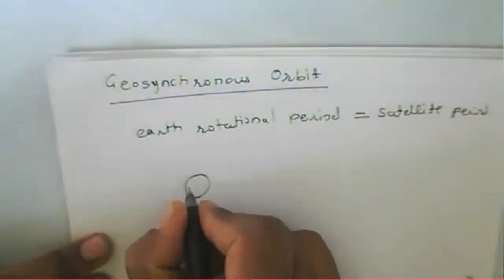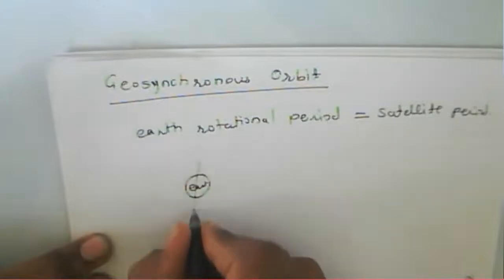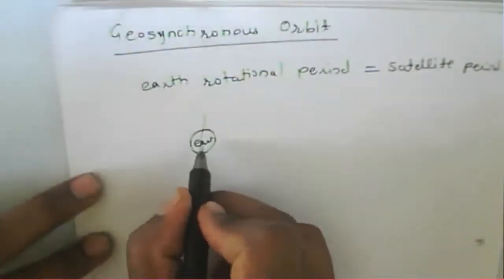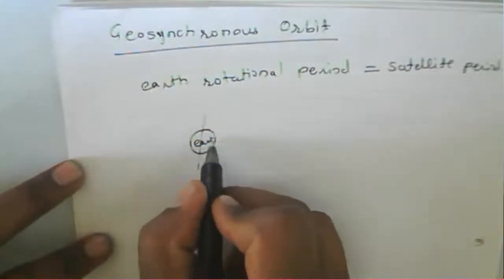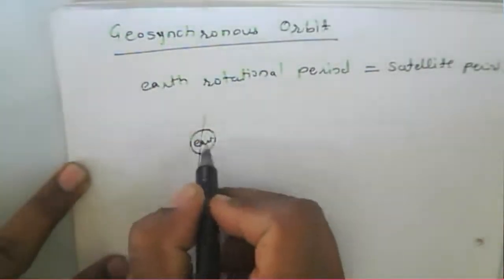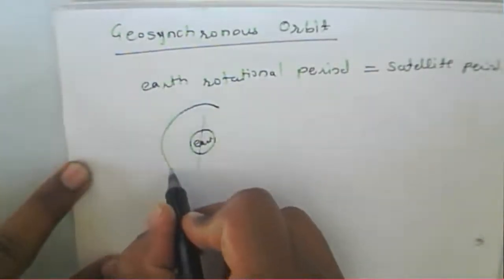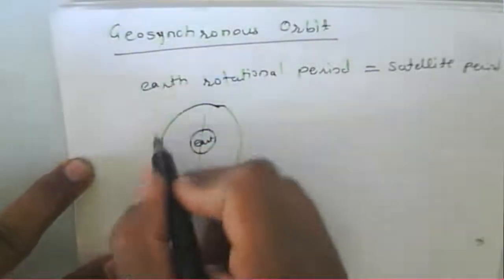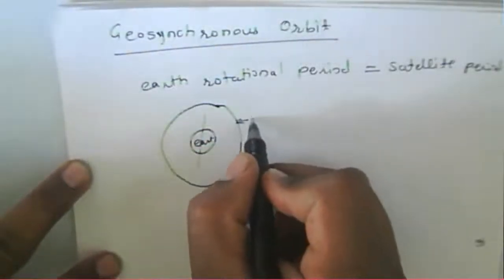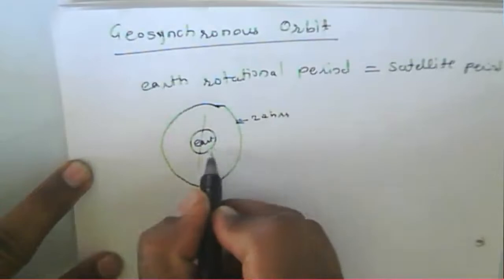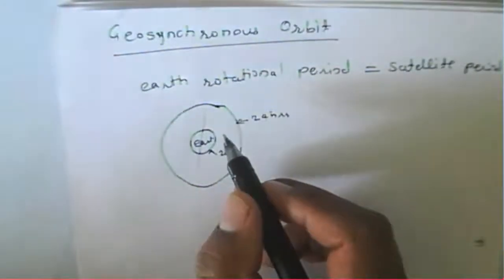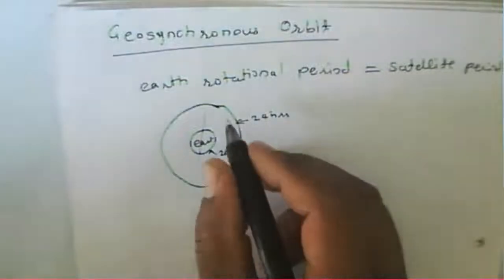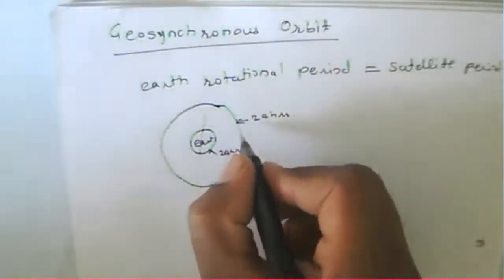Earth is rotating around its particular axis, and it requires 24 hours. Similarly, a satellite is rotating around the Earth, and again it takes 24 hours.